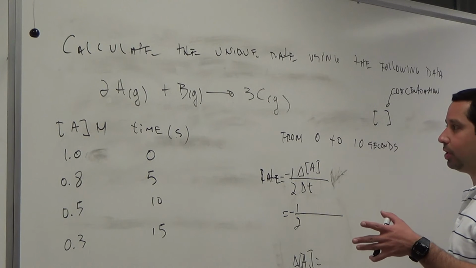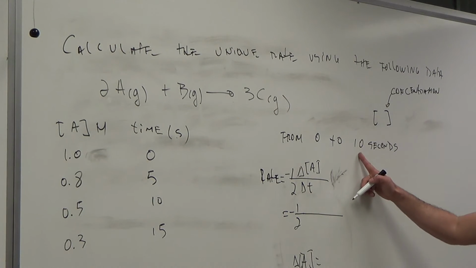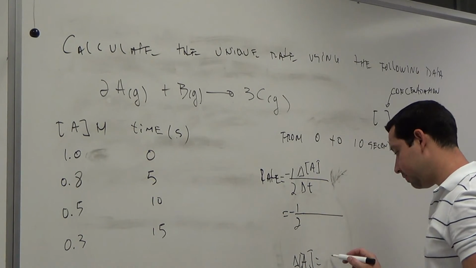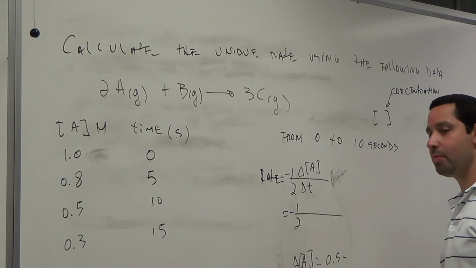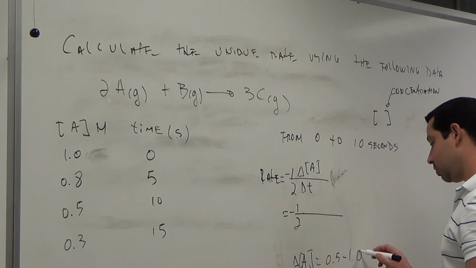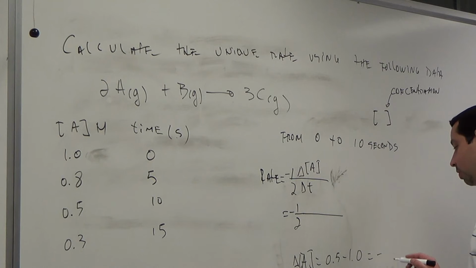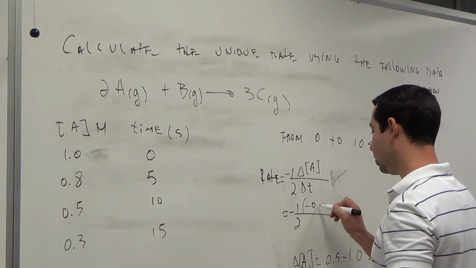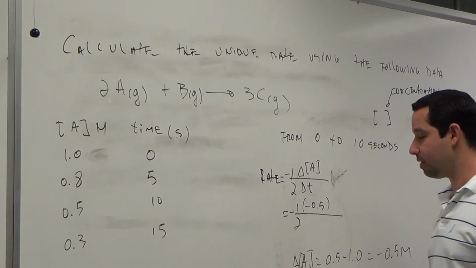Which one is the final here? It is the one that belongs to this time, 10 seconds. That's 0.5. So 0.5 minus the initial concentration, which was 1. What does this give you? Minus 0.5, yes? So this is minus 0.5 divided by what?